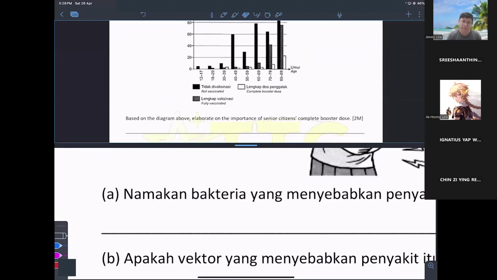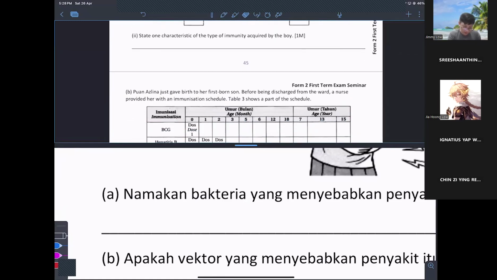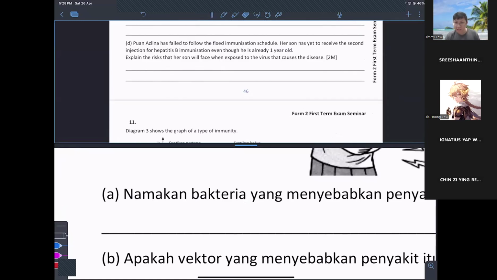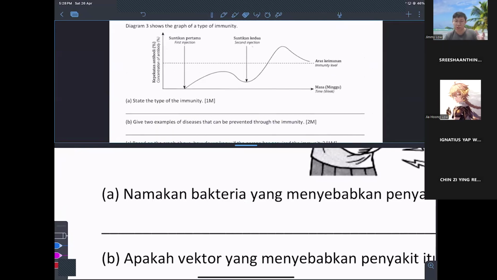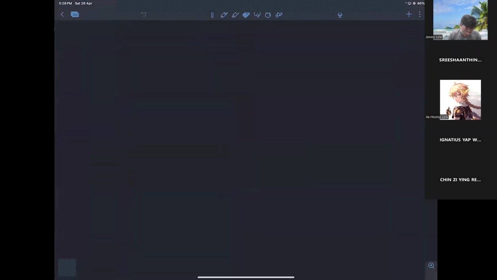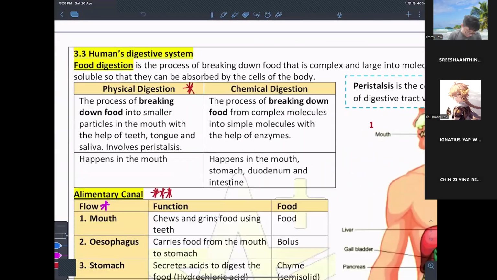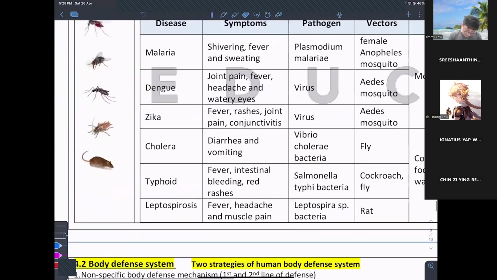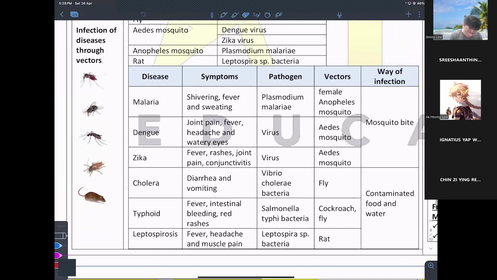No need to memorize the name of the bacteria, because you only use it in your section C, which means your subjective. In objective, it often appears something like this. Some people ask, teacher, should I memorize the name of bacteria? To be honest, no need.